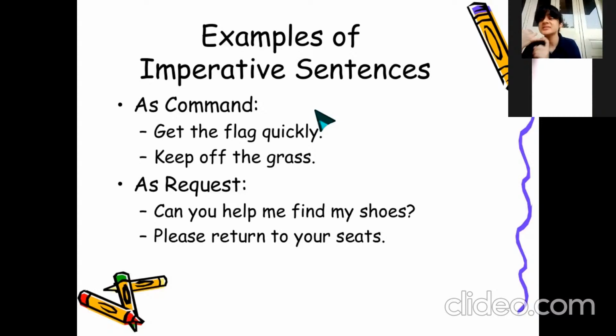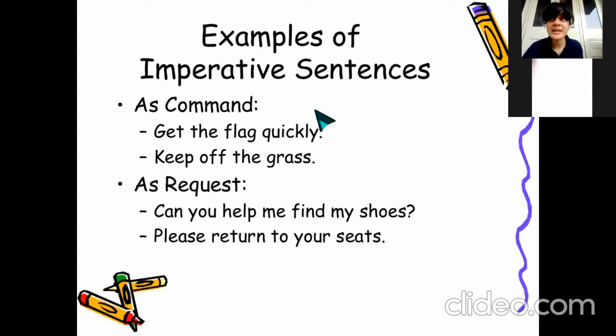Let's recap. We learned three types of sentences. Declarative sentence, interrogative sentence, imperative sentence. What is declarative? It is a fact or an opinion or a statement and always ends in a full stop. What is an interrogative sentence? It is a question and always ends with a question mark.